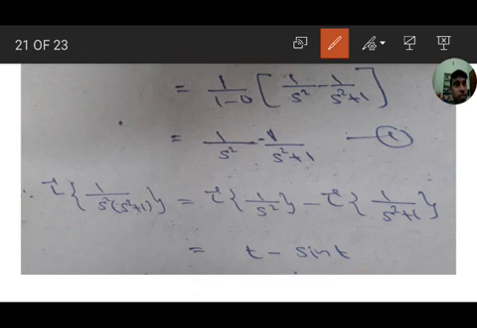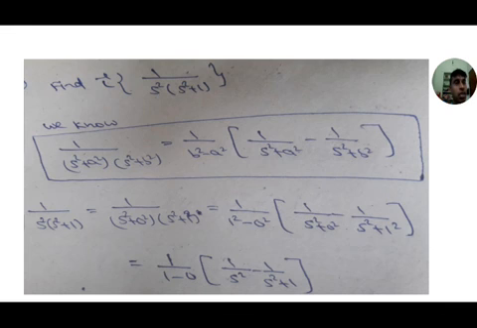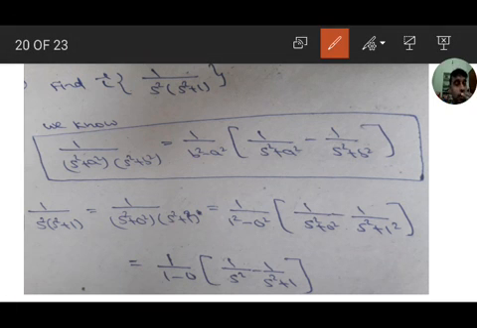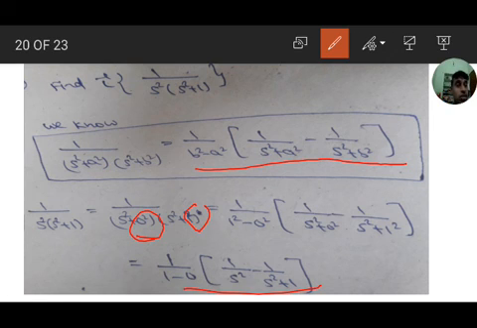So in this problem, first we apply the result 1 by s square plus a square into s square plus b square is 1 by b square minus a square into 1 by s square plus a square minus 1 by s square plus b square. Here a equals 0, b equals 1, and we got 1 by s square minus 1 by s square plus 1.